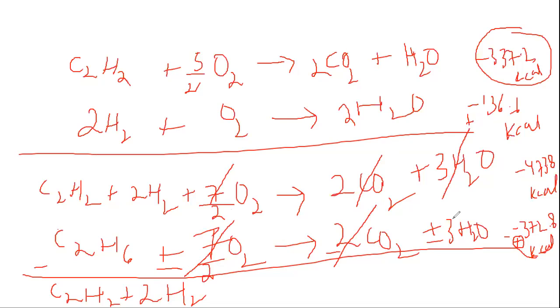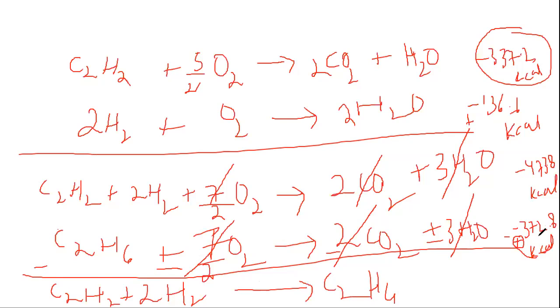Water is positive and this water gas is negative, so cancel out. Here you can see this is negative, so this will be moved to the other side of the equation because you cannot cancel it out, since there is no other molecule that is positive. So you have to move it. C2H6. Now this is the required equation.